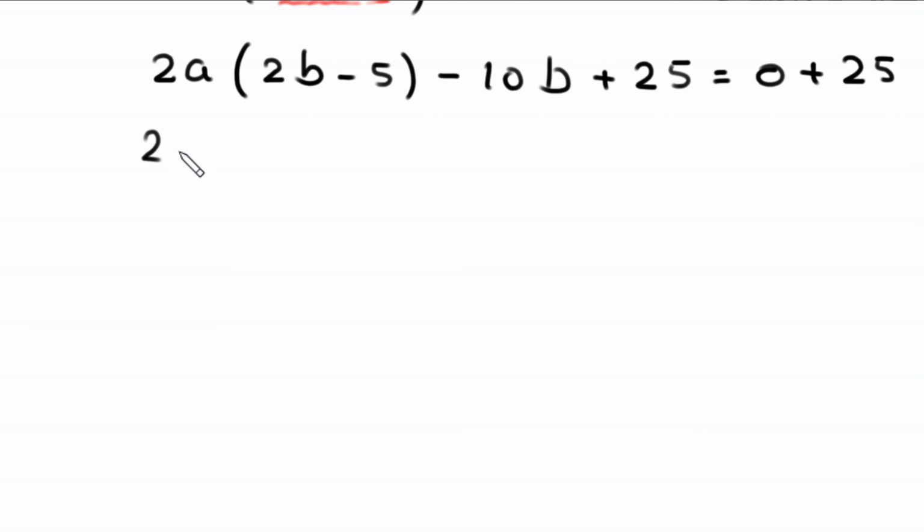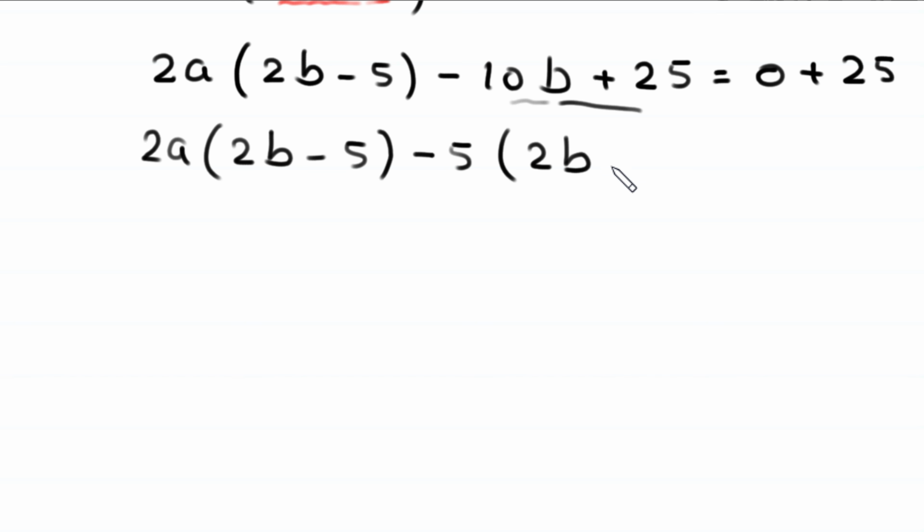Next, from 2a times (2b minus 5) and these two terms we can factor out negative 5. In the bracket we are left with 2b minus 5, equal to 0 plus 25, which is 25.